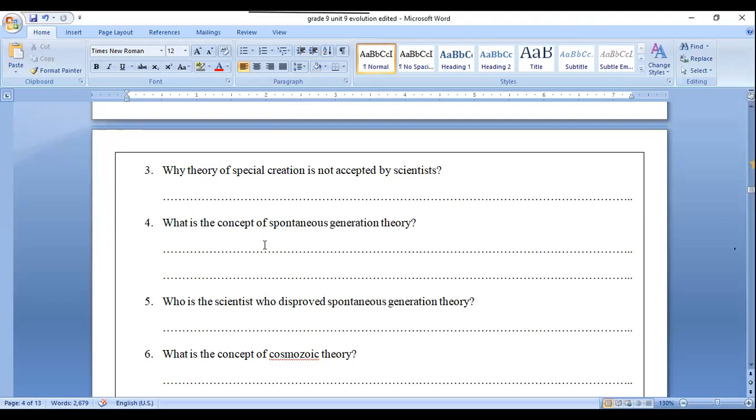Right. Why is this theory not accepted? No scientific evidence. Evidence.